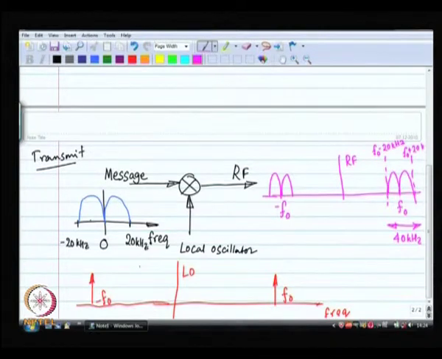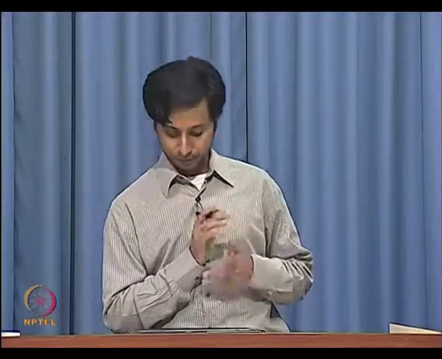So, that is why I am saying that it is wasteful. My information contains stuff from 0 to 20 kilohertz, but I am using up a band which is 40 kilohertz wide, double. It is wasteful.